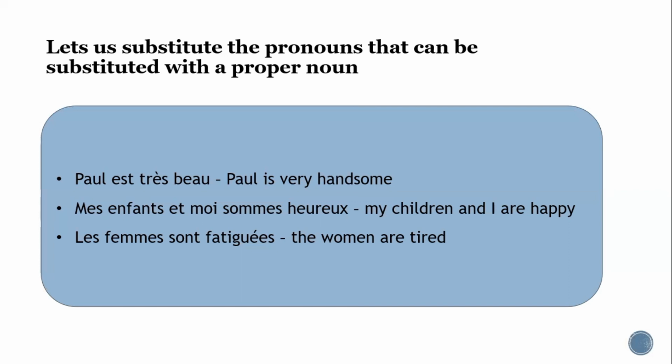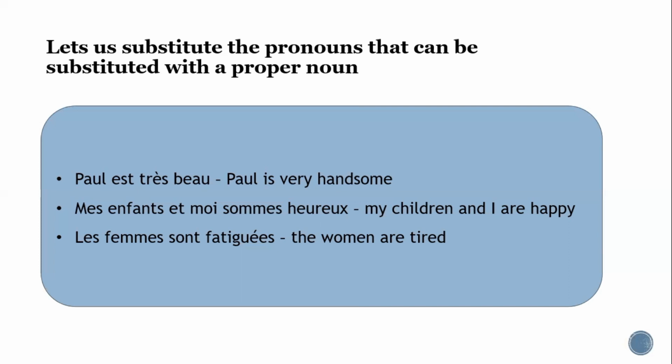So the first thing you have to do while doing your substitution is to make sure you take note of the pronoun you are substituting. Let's say you already have the words Samuel is very handsome.